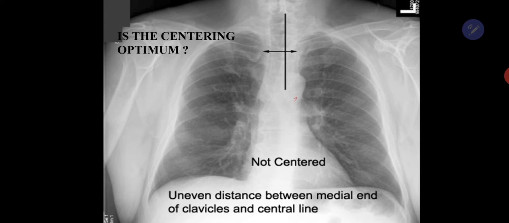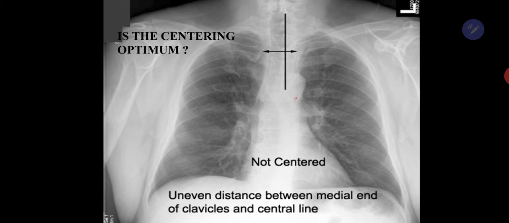Now, there are certain things that we should look at to see whether the image is a quality image. One of those things is the centering optimum, or is the film rotated to any side?